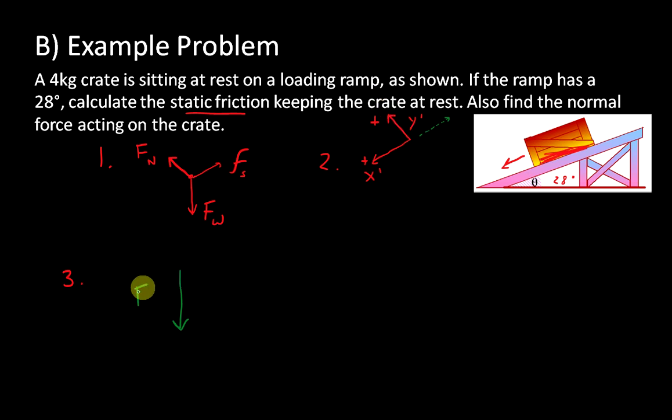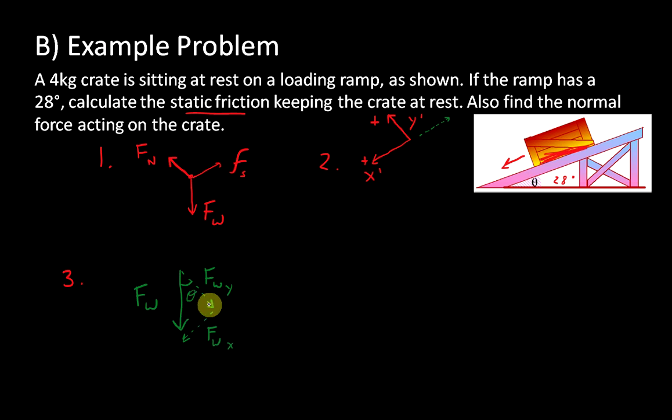So this is FW, this piece here, this is FW in the y direction. And that means this angle here is theta. That's my 28 degrees. I proved it in the last video. Down the ramp is this one, FWX.